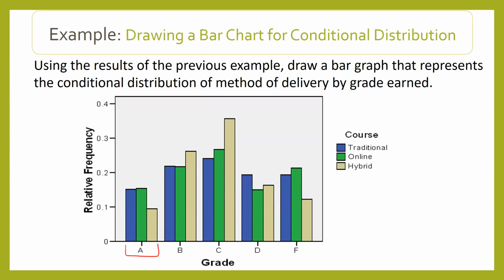So for grade A, this is what we see in comparison for B and for C and for D and for F. We can easily see the bars and make comparison. And in most of them, even though for the hybrid many people didn't get A, many people got B compared to the others, and in C, many people. So it seems to be good.